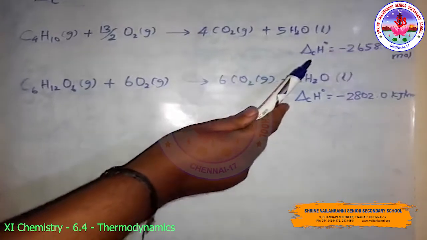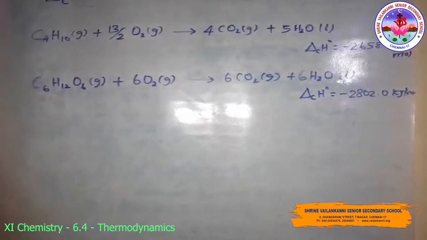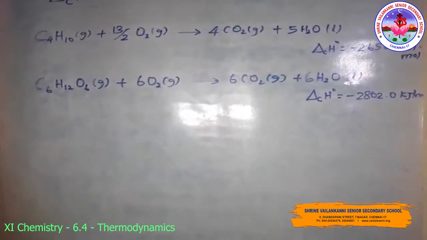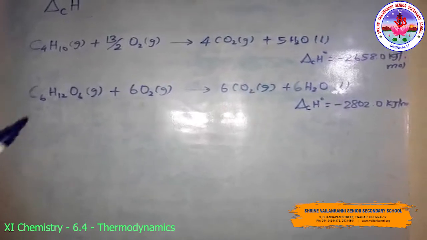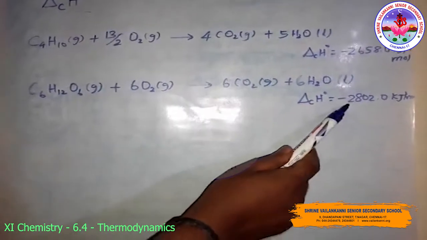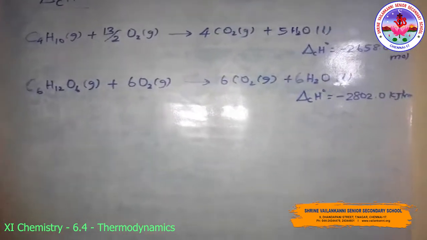So the standard enthalpy of combustion is minus 2658.0 kilojoule per mole. Similarly, the combustion of glucose gives out minus 2802.0 kilojoule per mole.